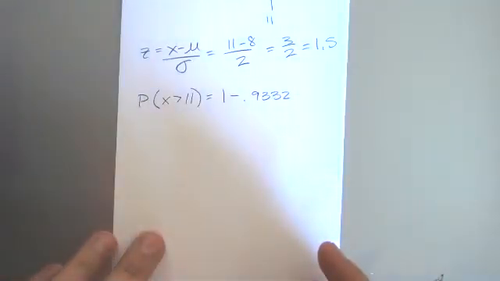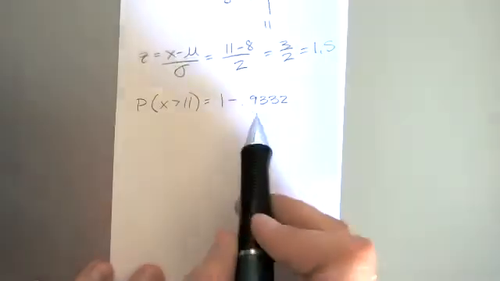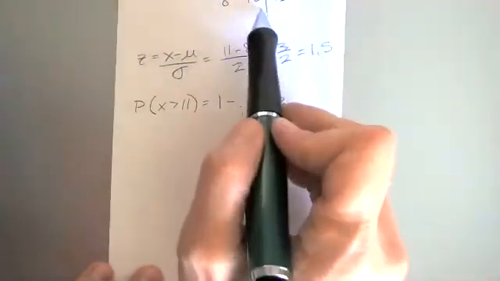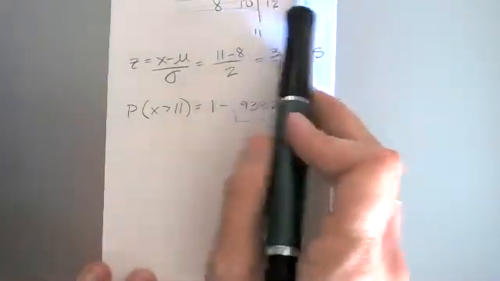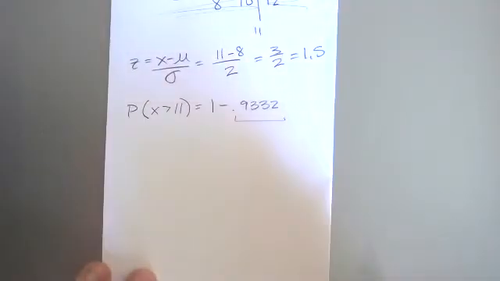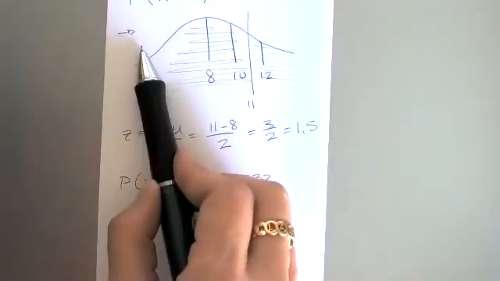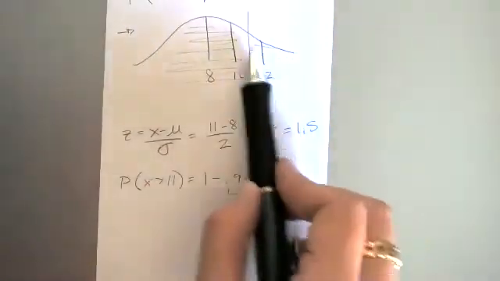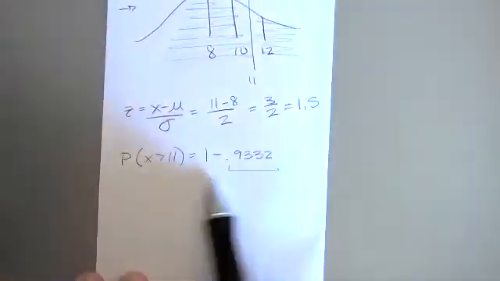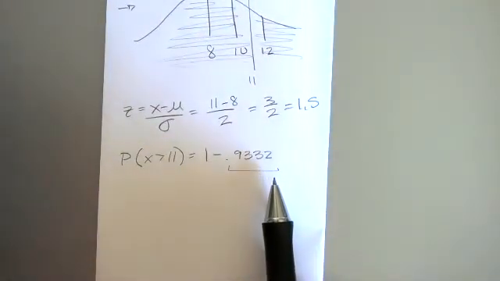Does that make sense? Because the 0.9332 represents all of this area. And we want to know what are the chances you're going to be late? So that's why I'm using the complement again.